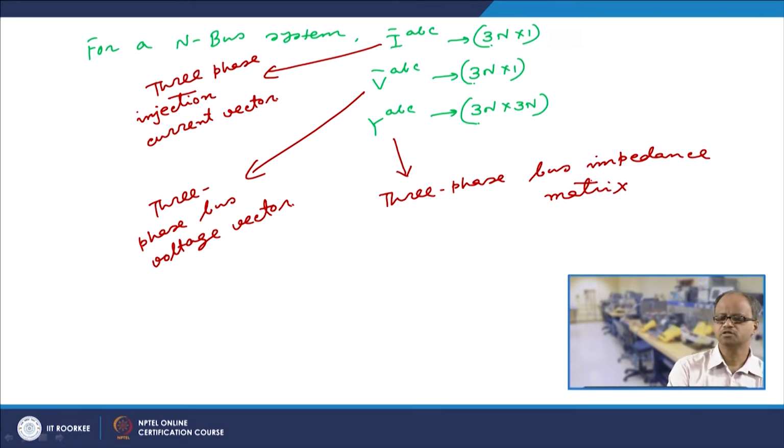So this is the first observation, where n is the number of buses.